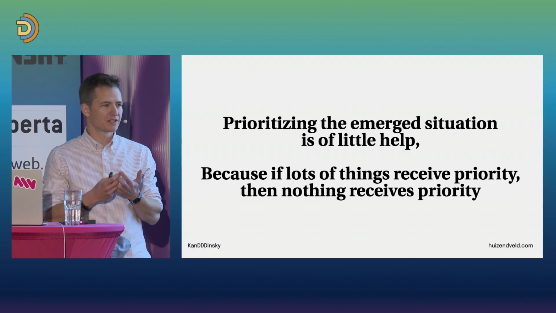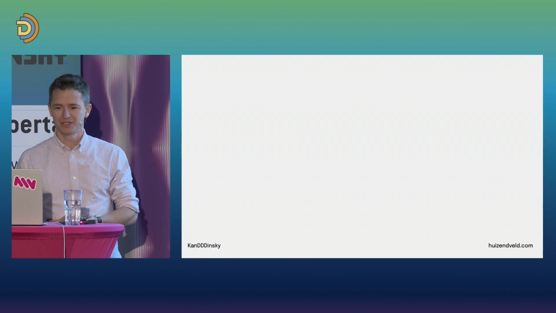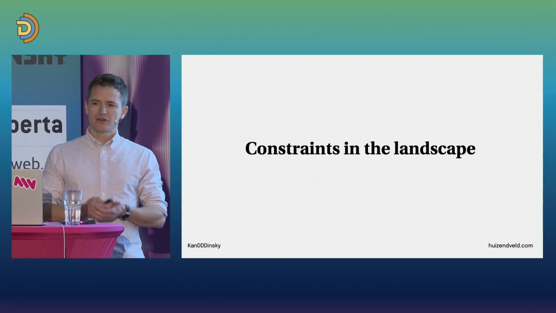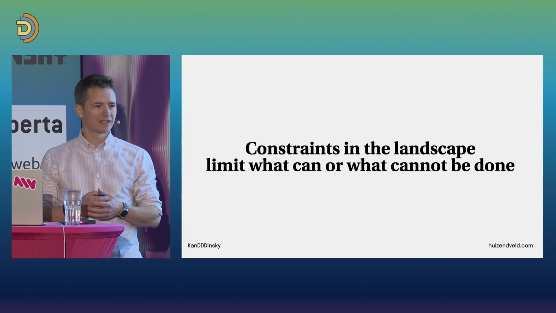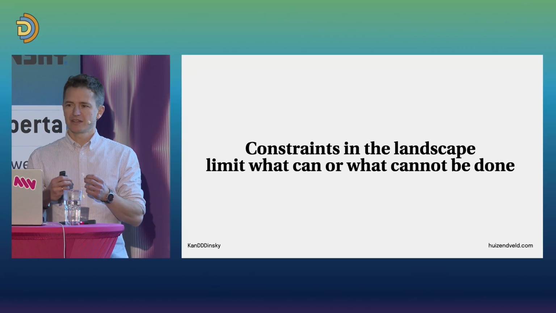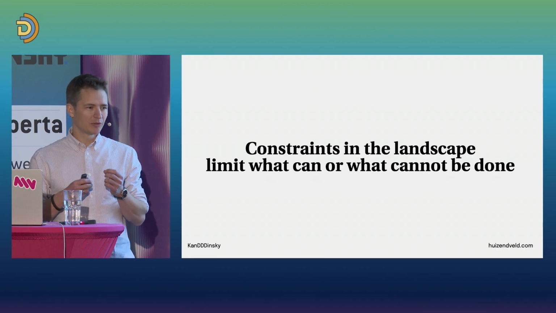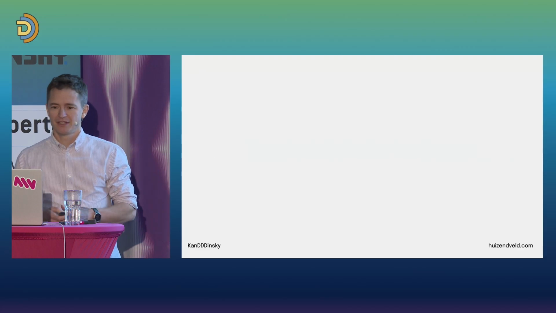So priority-based sequencing doesn't really help address this issue. So it's constraints in the landscape that limit what can and what cannot be done. If you don't take constraints into account, then ultimately you as an organization will be fighting yourself, right?